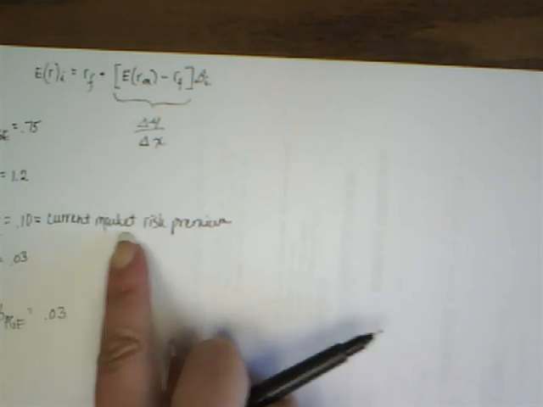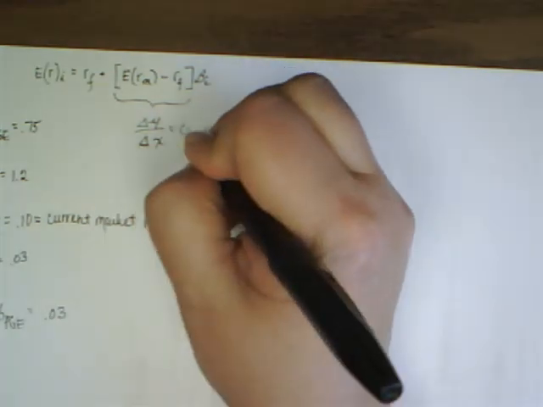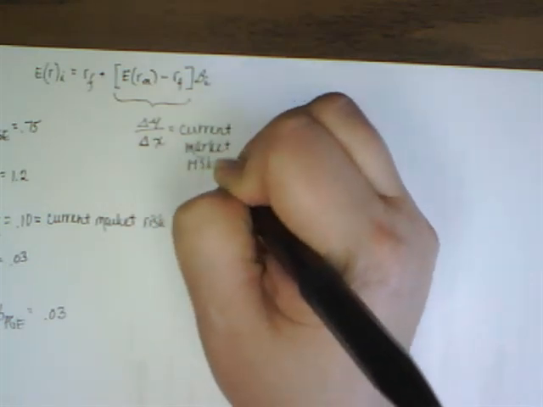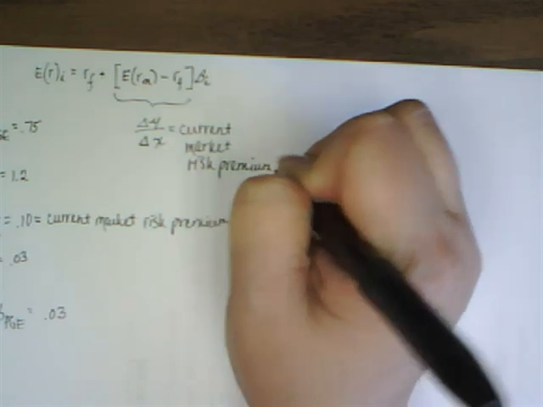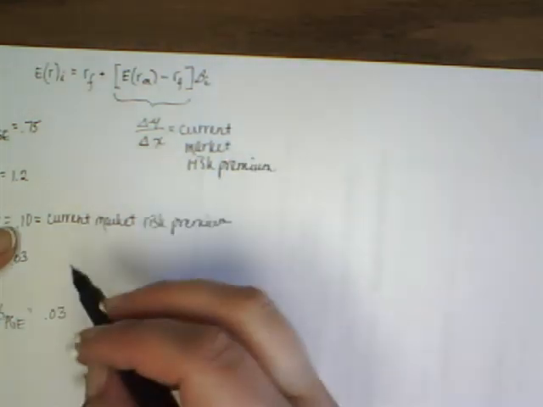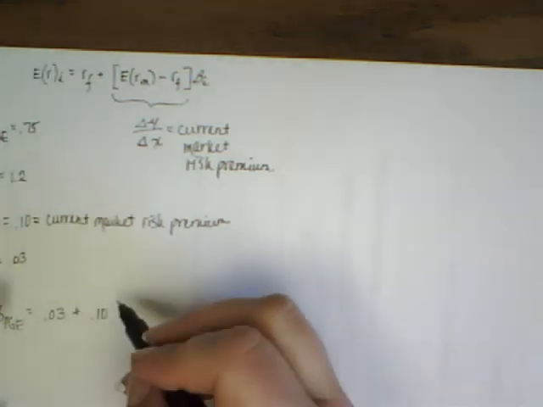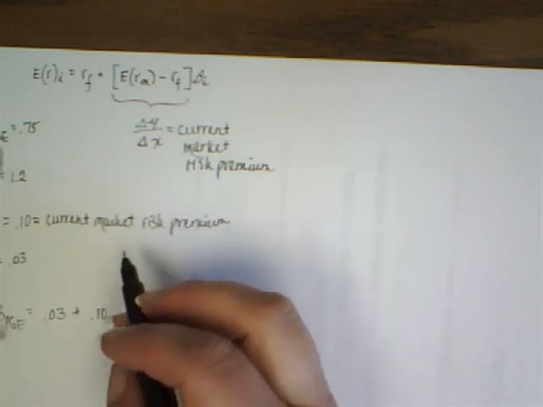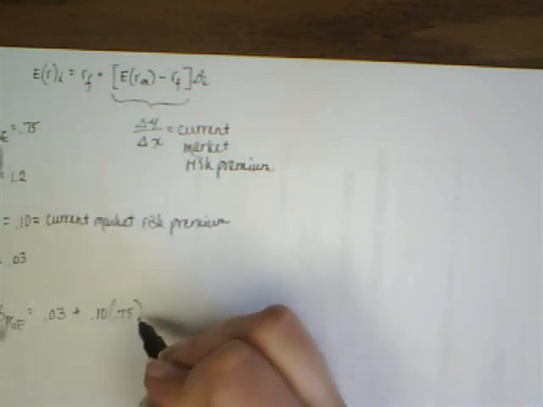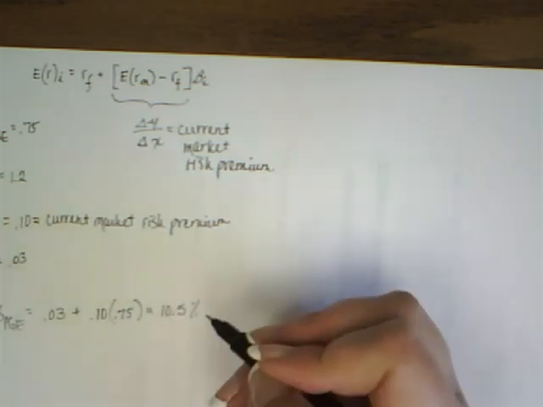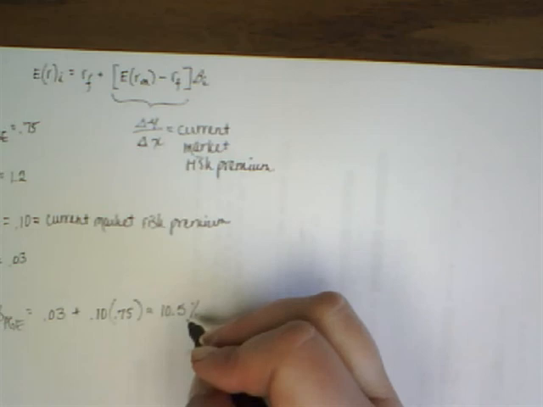This was given in the problem as the current market risk premium, which is 0.10. So we're going to take our risk-free rate, we're going to add 0.10, and then we're going to multiply it by our beta for Portland General Electric, because that's who we're dealing with right now, at 0.75. And then when we multiply all of this through, we get 10.5%. Okay, and that's our expected return given the level of risk.